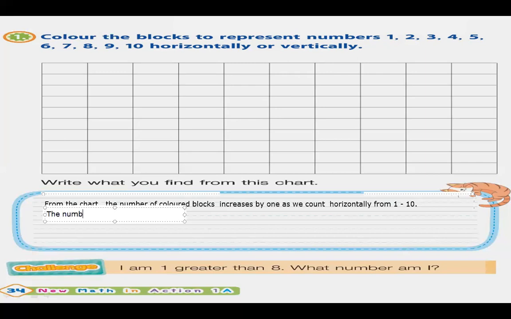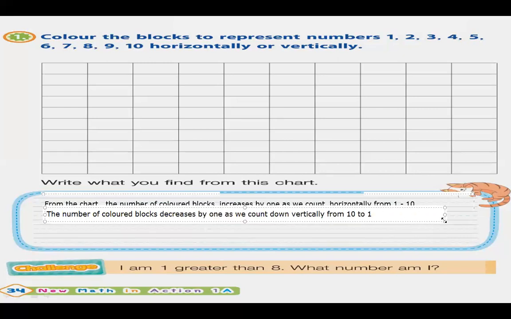The number of colored blocks decreases by 1 as we count down vertically from 10 to 1. Okay, that's it, students.